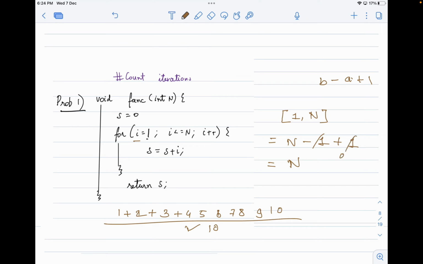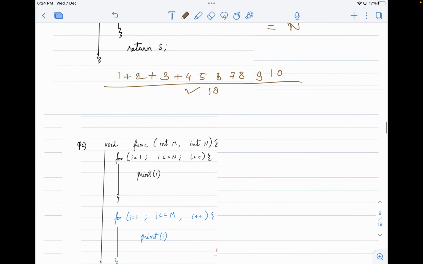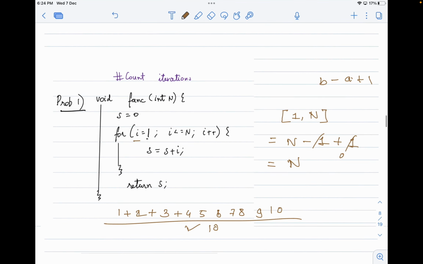Okay, so if you now put any value in for n, you will get the output. Suppose I say 499. 499 minus 1 plus 1 is what? 498 plus 1 is equal to 499. So that many iterations are happening. How many iterations are happening?